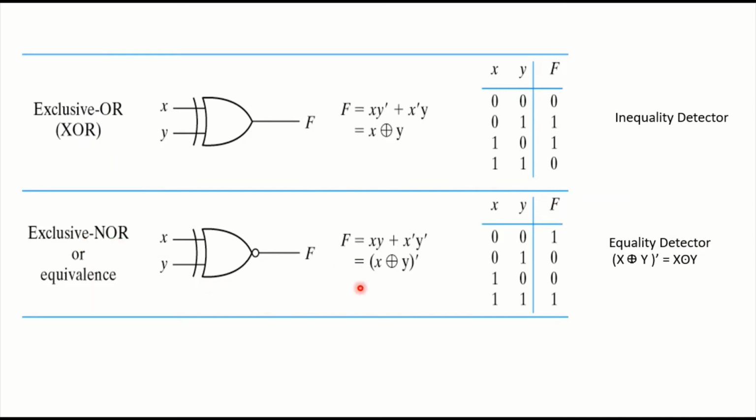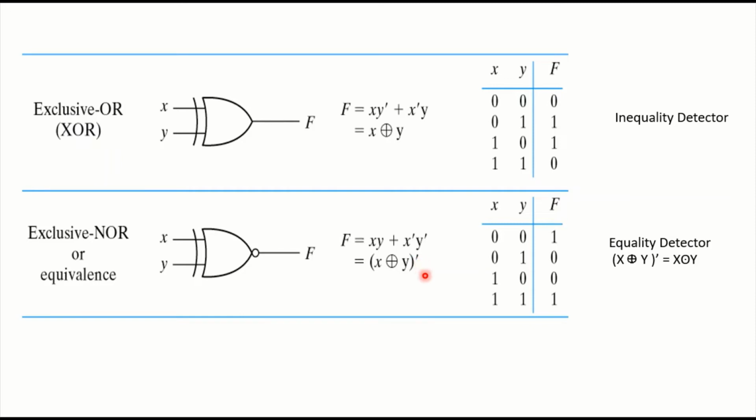So we can write the Boolean function. The Boolean function for this logic gate will be f equal to NOT of x XOR y. This can also be written as x y plus x bar y bar. This is x XOR y bar.